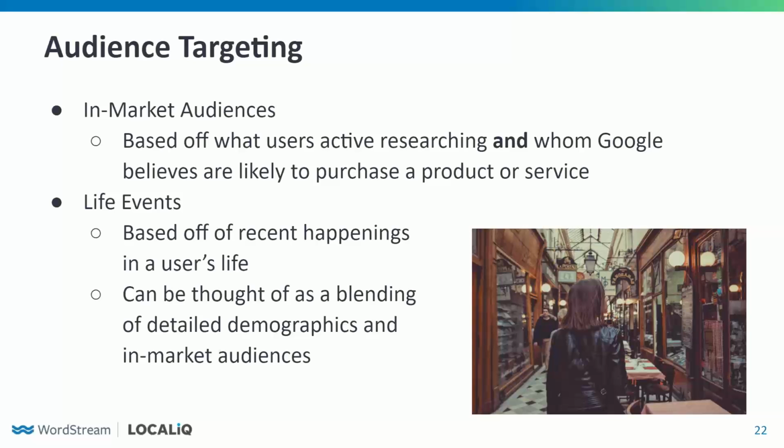These life events can be thought of as something a little bit more detailed than a detailed demographic, since it's a more recent event, but they're slightly different from an in-market audience since they don't specifically imply a purchase intent.